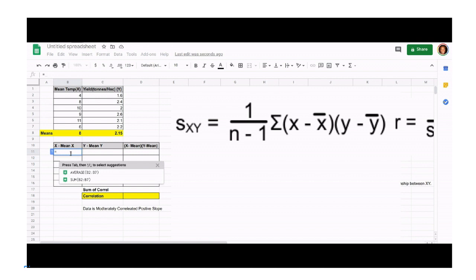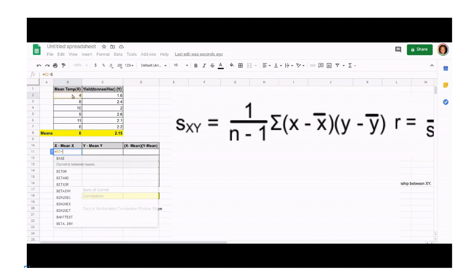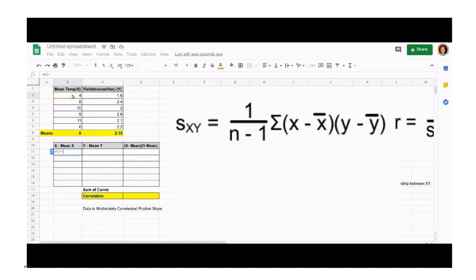You click equals in the cell that you're working at, then you go to your original x value, and then you subtract its mean. To do that, you type minus, right? And then you click on your mean cell. Now you notice I'm having a little trouble here. So I go minus, and I click the mean cell.